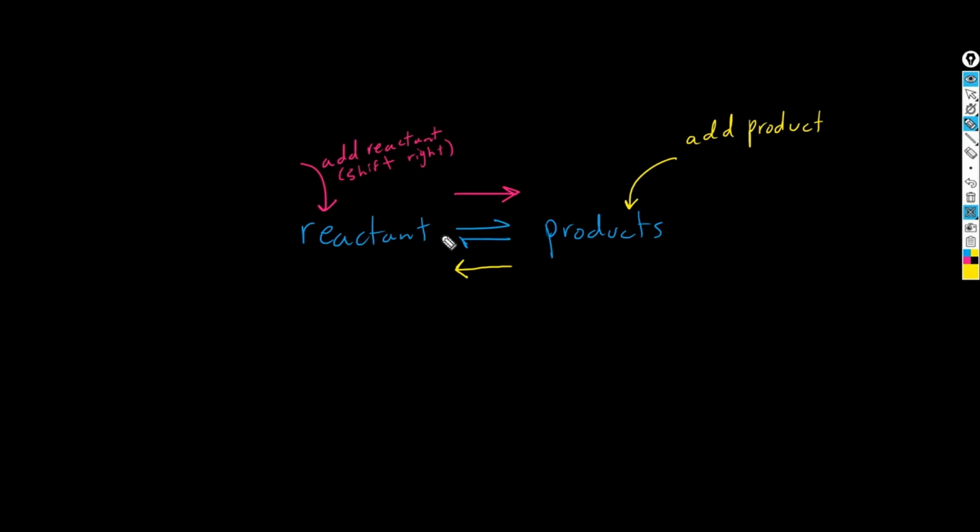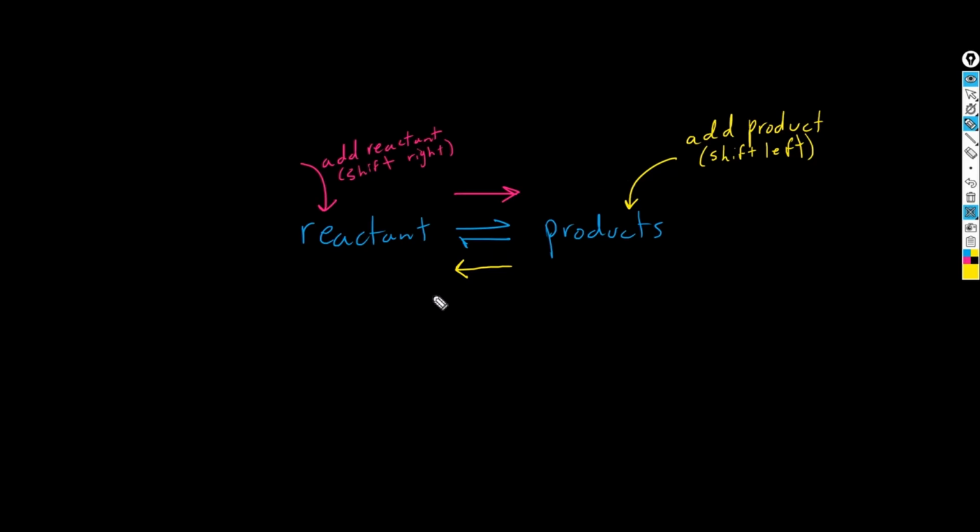Why? The reverse reaction is going to use up the product and make reactants with it. So when we add product to an equilibrium, the equilibrium is going to shift left, because by the reverse reaction taking over, we can use up the product that we added.